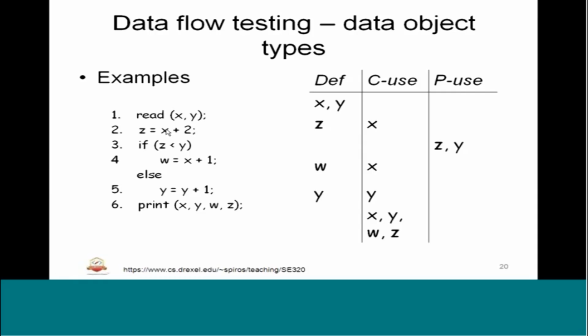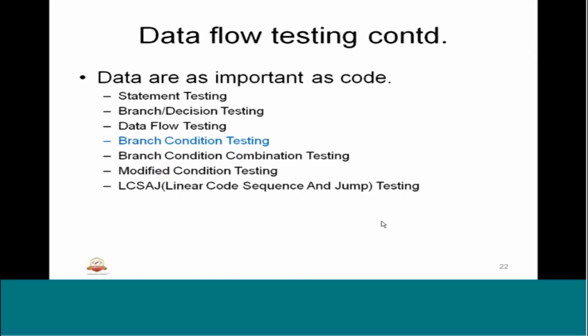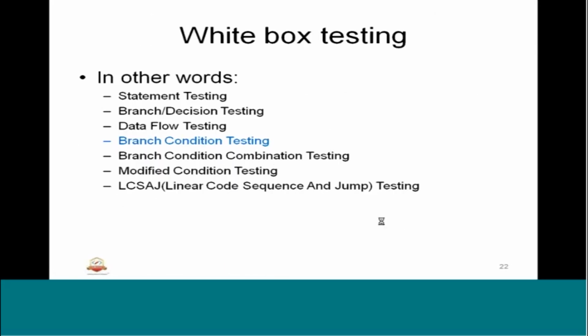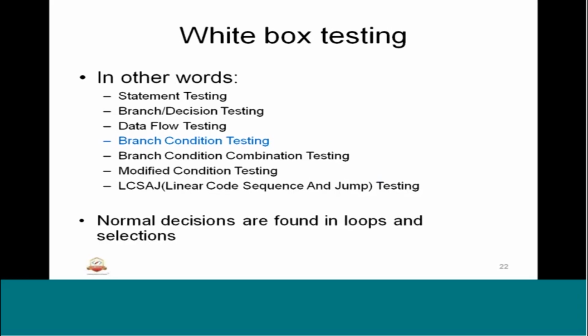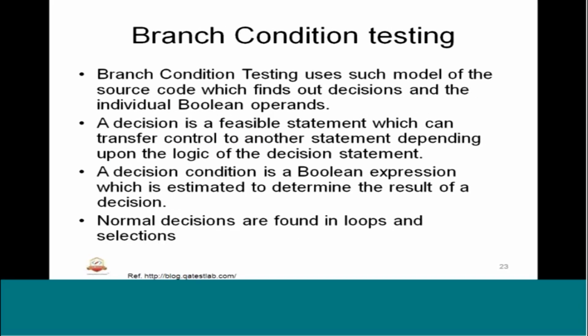We know how we can provide the inputs from 0 to 10 with the help of equivalence class and boundary value analysis. Also, we need to consider the if condition below so that it is satisfied. It could take the path within the if, or the path within the else. All these gaps will be analyzed with the help of data flow testing. And next is branch condition testing, which we will study today.